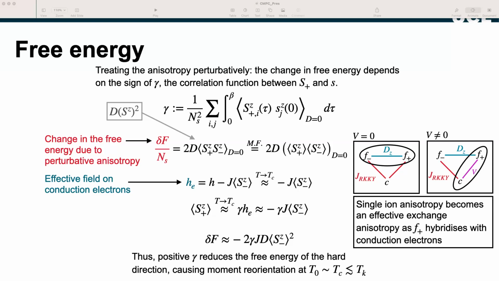And the F plus still has RKKY with that, but the single ion anisotropy term becomes an anisotropic exchange term between the F minus and the hybridized electrons, like we saw in the RG, which could explain, well, will explain the crossings in the susceptibilities.